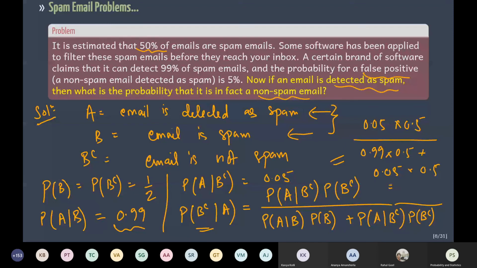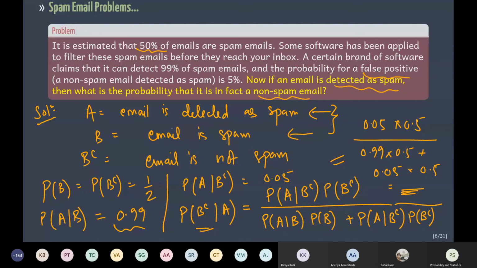If we solve for this, we will get some answer. This is a standard application of the Bayes theorem. I did this again for practice.